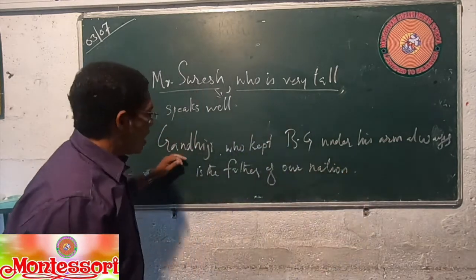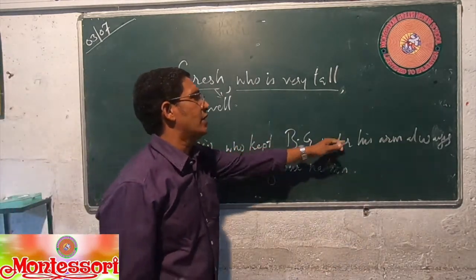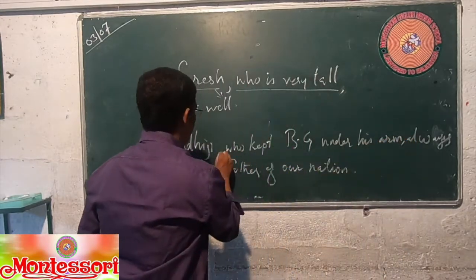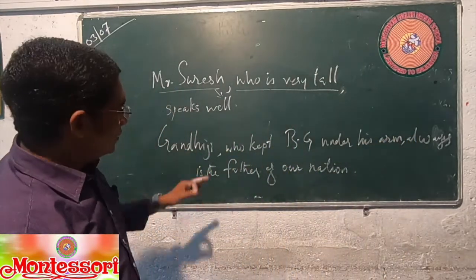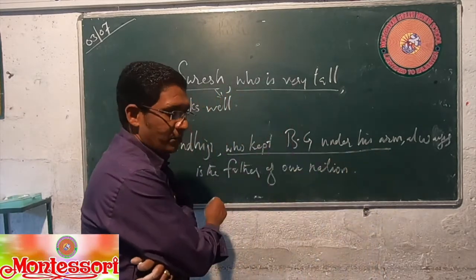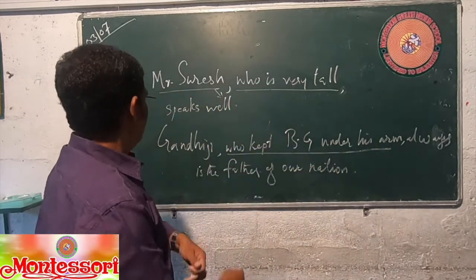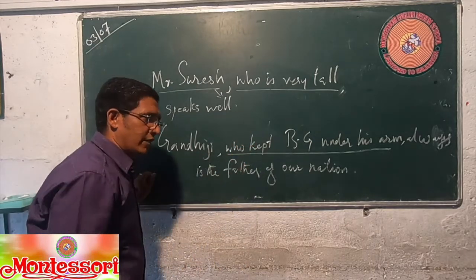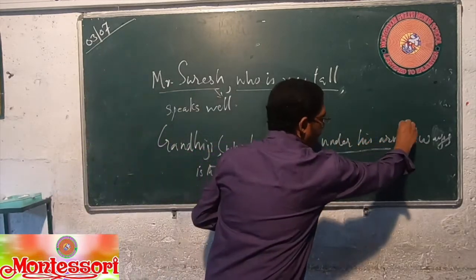Here, Gandhiji, who kept Bhagavad Gita under his hand, is not at all modifying Gandhiji. It is only giving that Gandhiji has a habit of keeping the Bhagavad Gita always under his hand. You might have seen it in his statues and all that. So it is additional information about Gandhiji.